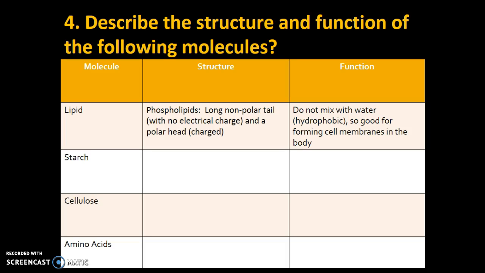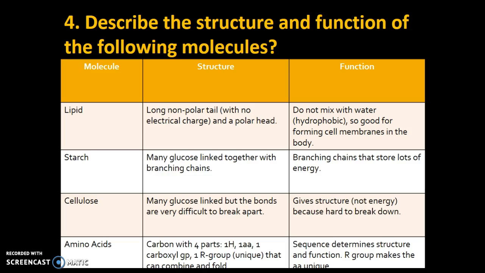So what are the other things for starch, cellulose, and amino acids? Here's another thing. Starch. Starch, many glucose linked together in branching chains. Those branching chains are storing lots of energy. Cellulose. This is a type of carbohydrate, remember.